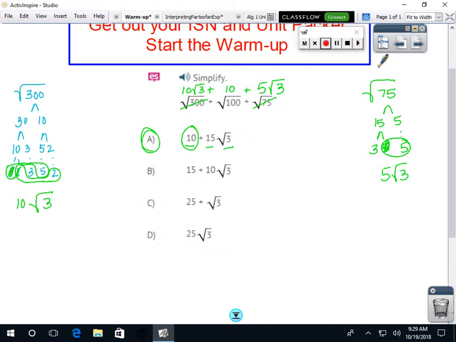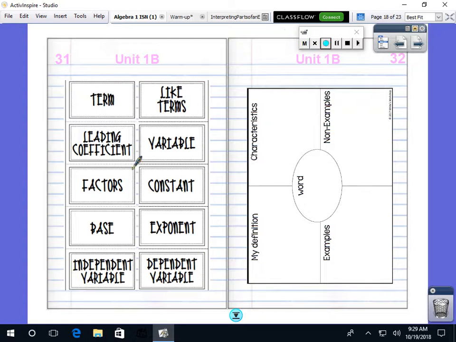Okay, now we need to finish up the little flip book that we made yesterday in your interactive notebook. So turn to page 31. Okay, and you probably already glued it down. You need one? Okay. Independent variable.